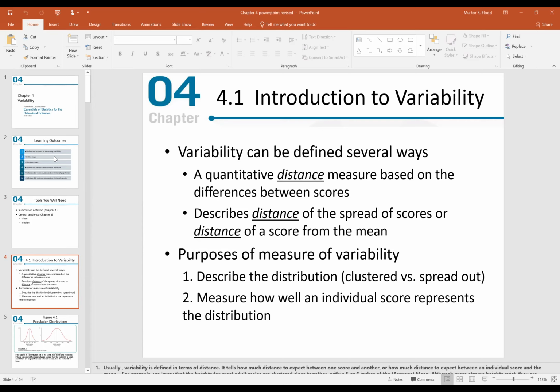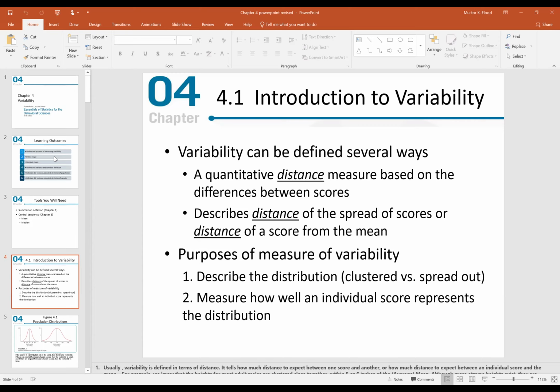Another way to describe it is that it describes the distance, or what we call the spread, of scores from the mean. All right. So basically, variability is, hey, how far away are scores from other scores in the population or the sample? And how far away, as far as distance is concerned, are scores from the mean?